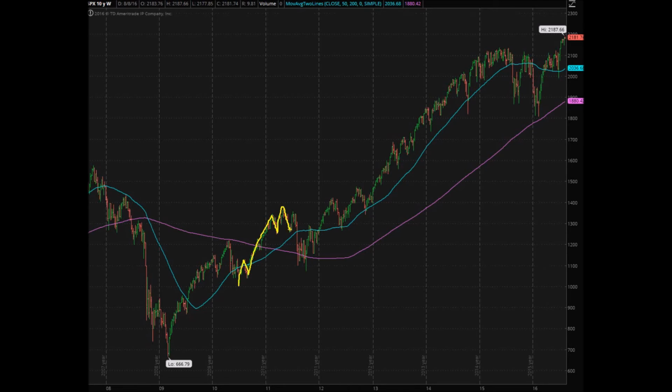Now the interesting thing when considering where we are in the market right now: the fifth segment always has to be smaller than the third segment.